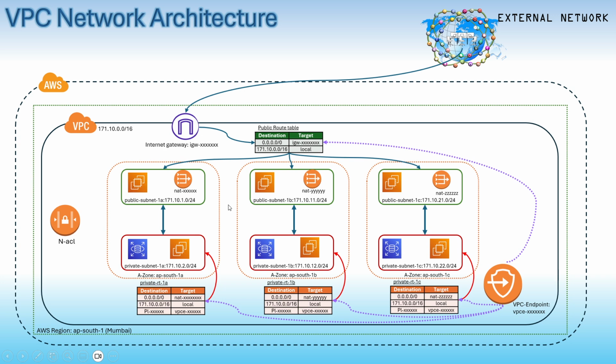I hope you have a question: if we are not able to connect to the subnet directly from the outside world, then if we launch a machine, how can we do patching? The answer is that we should have one resource, like an EC2 machine, present in a public subnet, which we can call a jump host.